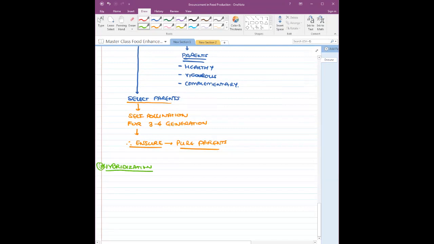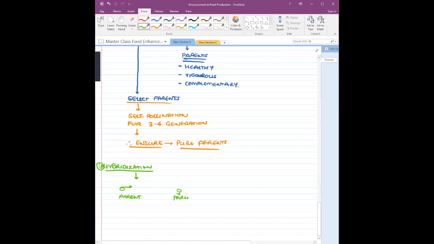Now what are we going to do? We are going to bring about crossing, exactly the same thing, like crossing over, like how we did it in Mendel's case. That is what we are going to do. In hybridization, one parent is going to be the male parent and the other one is going to be the female parent.